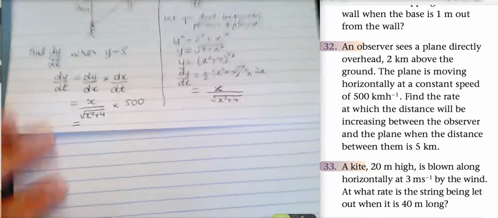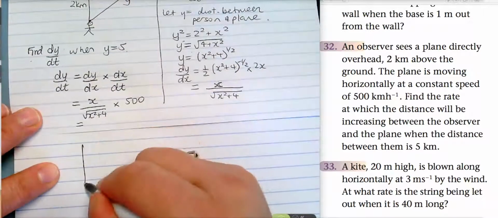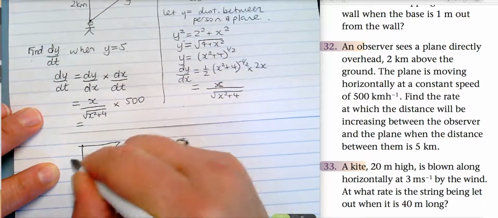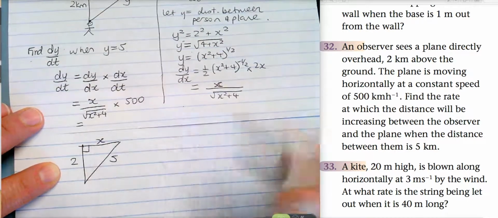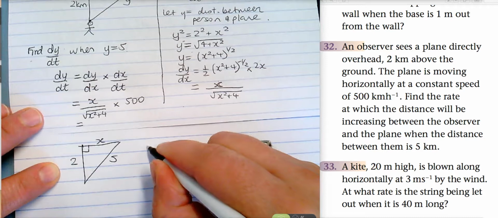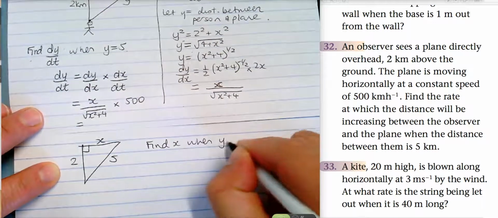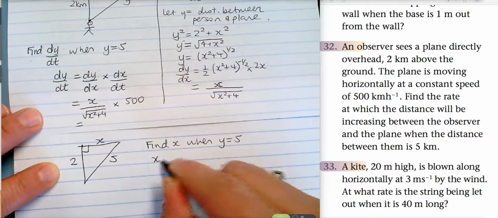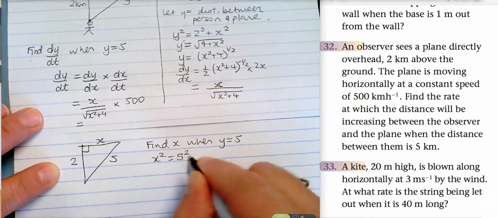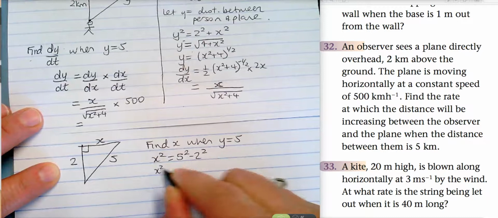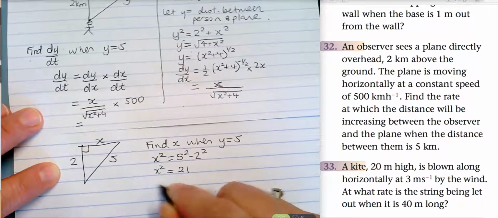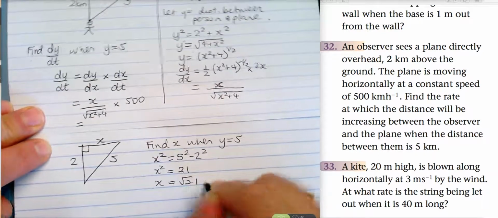Using the diagram. So I've got this diagram here. y is 5, 2 and x. So find x when y is 5. We get that x squared is 5 squared minus 2 squared. So x squared is 21. So x is the square root of 21.